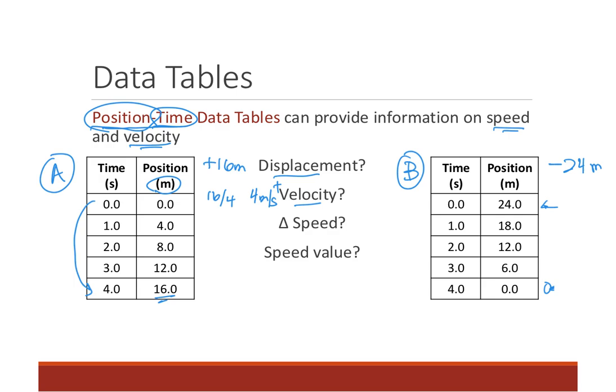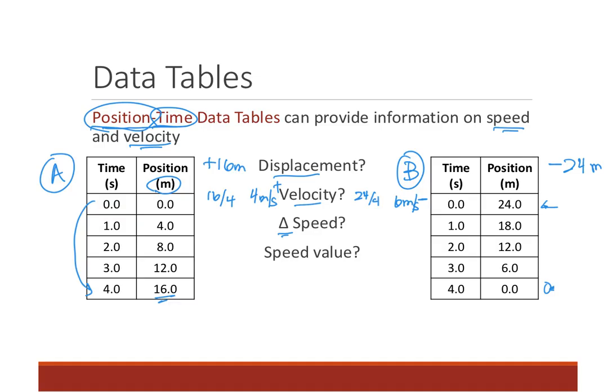And then on the other table, we're going from 24 down to 0, so the distance would be 24, the time would be 4 seconds, and so we have a 6 meter per second in a negative direction velocity. Remember, we've got to have some sort of directional indication on velocity because velocity is a vector.